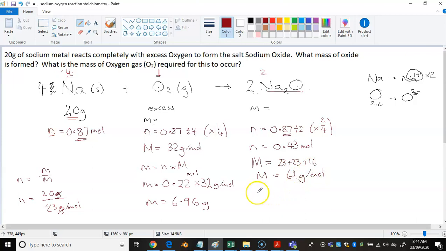And so again, M equals N times big M. M equals 0.43 mole times 62 grams per mole. And so mass equals, just put the wrong number into the calculator, 26.96.